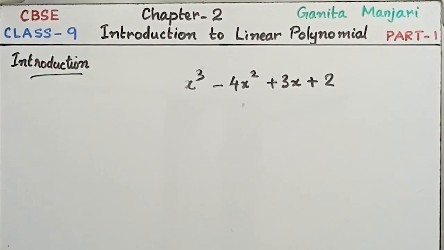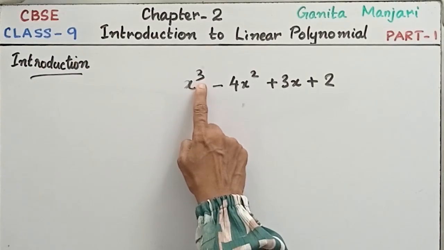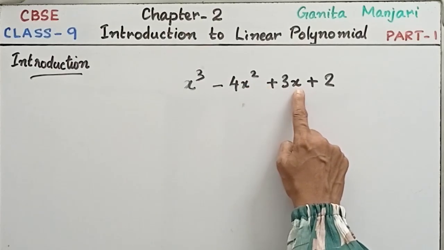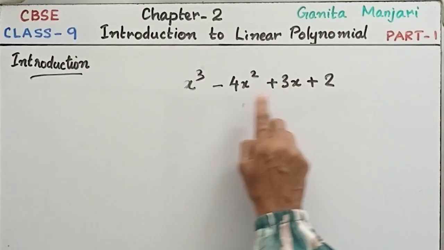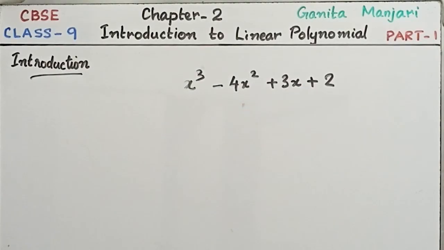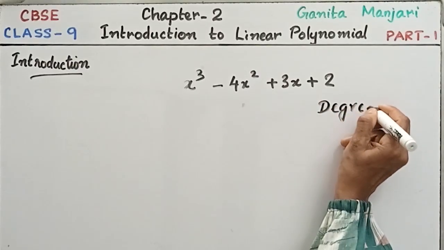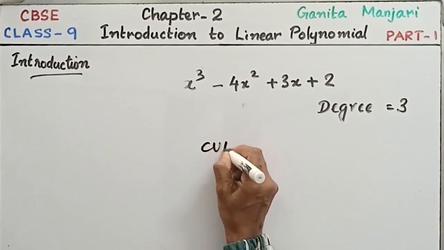The power of x in the first term is 3, in the second term it is 2, and in the third term it is 1. The highest power is the degree of the polynomial, so here the degree is 3. Such polynomials are called cubic polynomials.